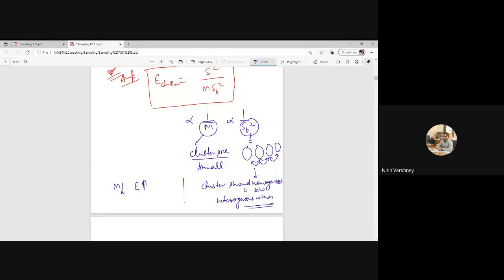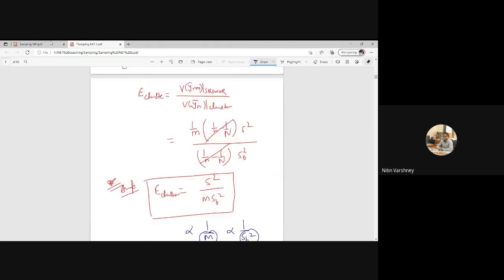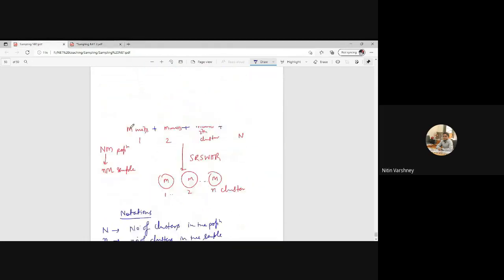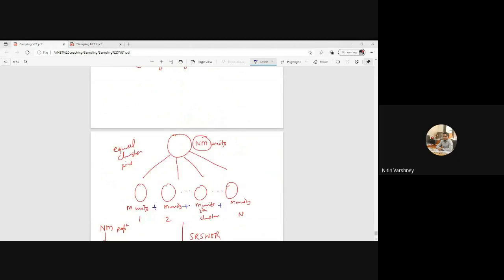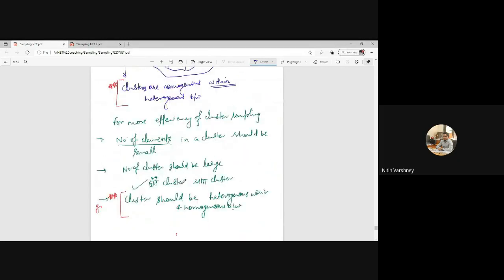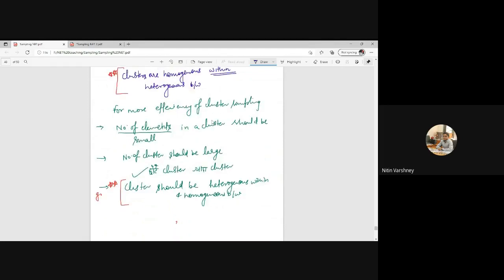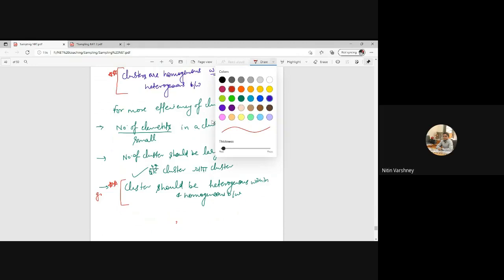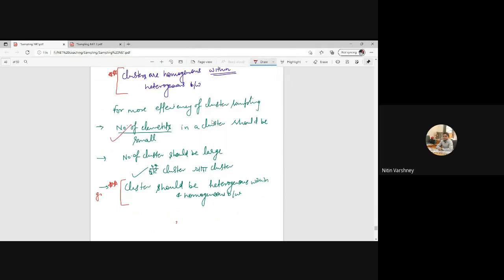Okay, we have checked this with the formula. I told you this in the beginning also, that for more efficiency of cluster sampling, the number of elements in a cluster should be small, meaning small size of clusters, and the number of clusters should be large.